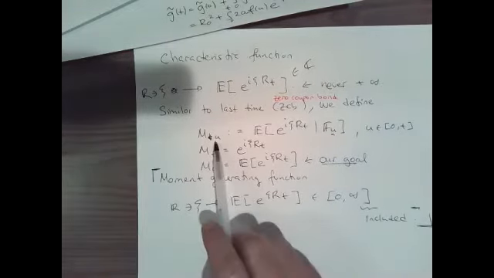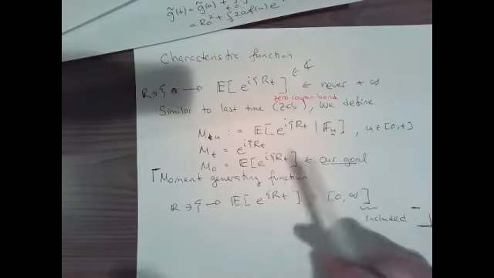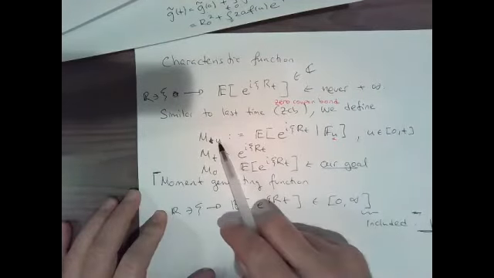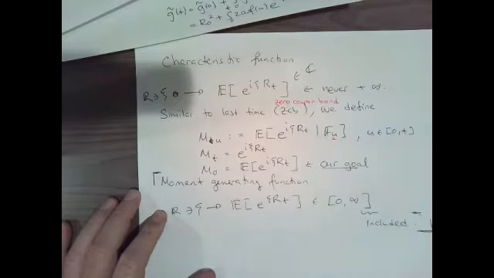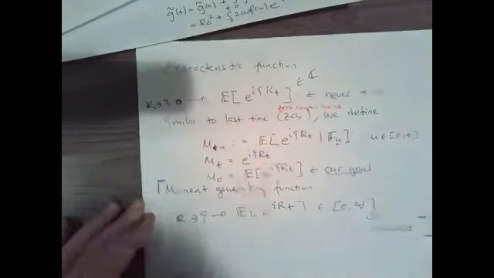If I can figure out what M here is, if I can find a formula for M, well then I can evaluate that formula for u equal to 0, and it'll give me exactly what I want. Okay, so how would we do that?